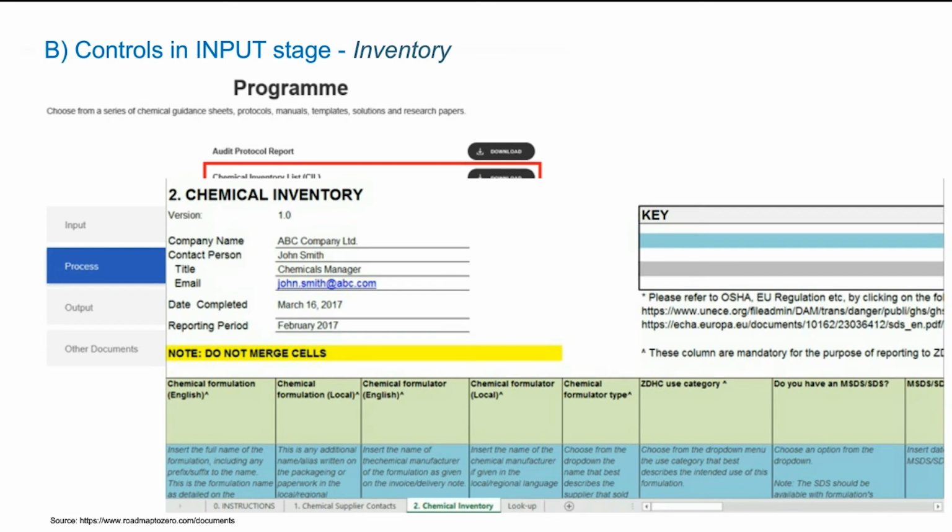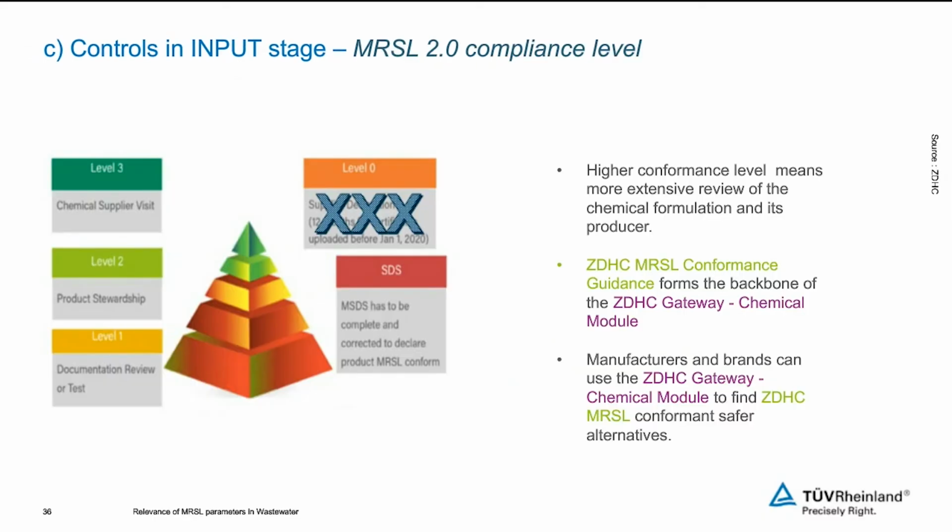Another prerequisite is the MRSL compliance evaluation. We need to know the risks of used chemicals containing hazardous substances. According to the ZDHC MRSL conformance guideline, MRSL conformance level is classified into 3 levels. Level 0 has been deleted from the last version, MRSL 1.0.